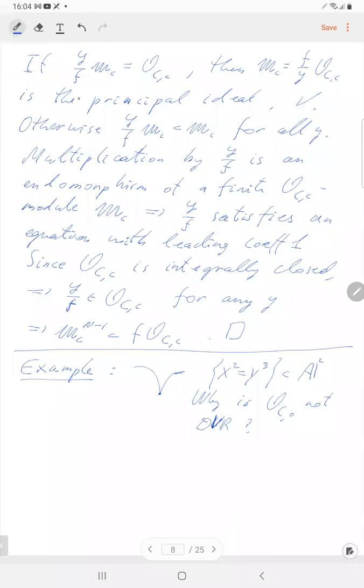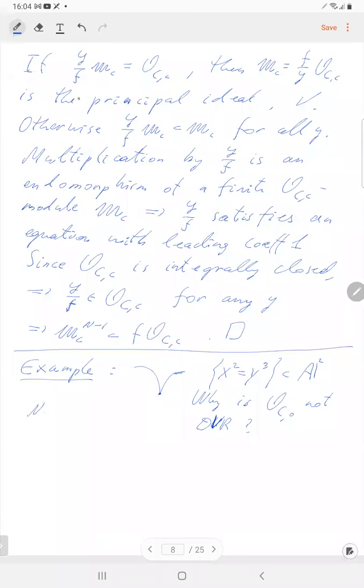But why is it not a DVR? A one-dimensional Noetherian integral local ring is a DVR if it is integrally closed, but it is not integrally closed. So this is not a DVR.